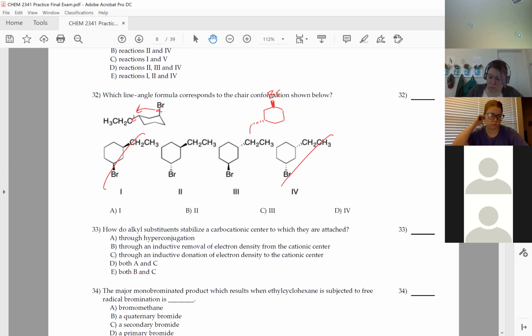So which one of these actually matches this? 3. So if we just rotated it 180 degrees that way, putting the bromine over here and the ethyl group here, we would end up with the right structure. Does that make sense?